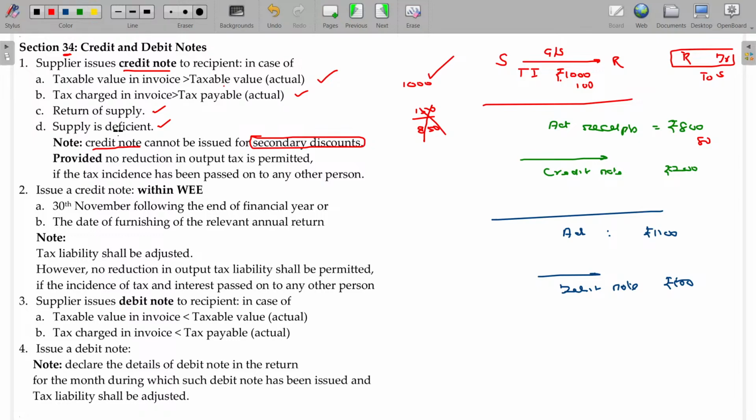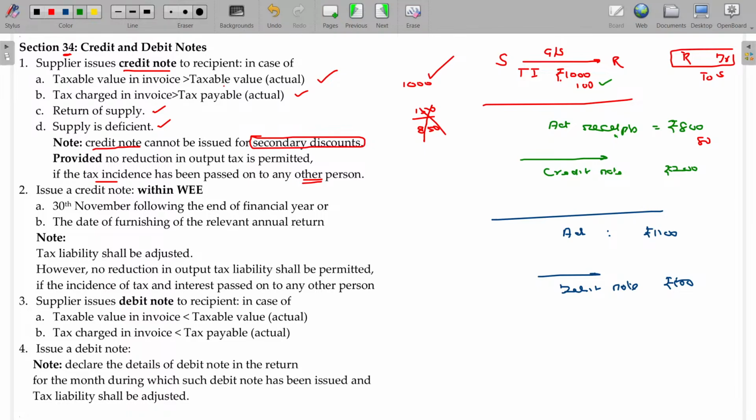Okay. Now, provided the tax incidence has not been passed on to any other person, otherwise this will not be permitted. Tax incidence. For example, 1000 rupees, for that GST is 100.